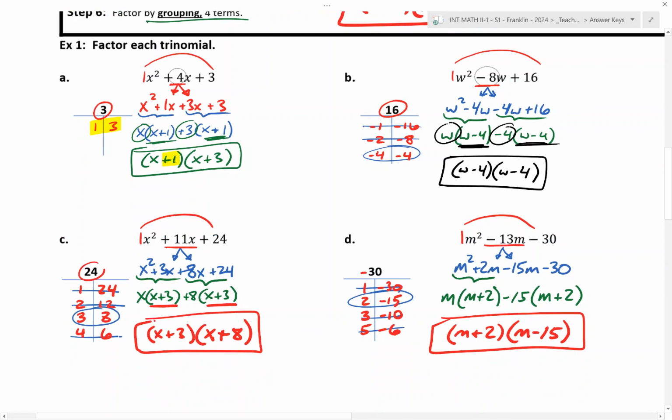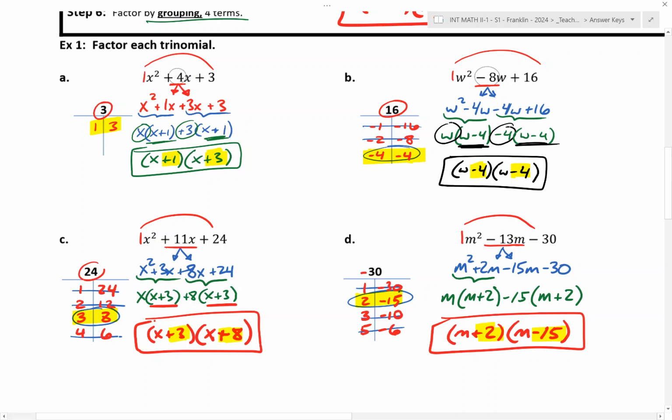There's 1 and 3 in the answer. Negative 4 and negative 4 on the second one. There's negative 4 and negative 4 in the answer. 3 and 8, 3 and 8, 2 and negative 15, 2, negative 15.